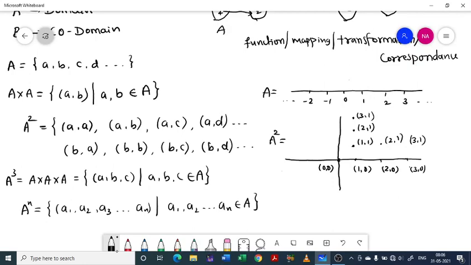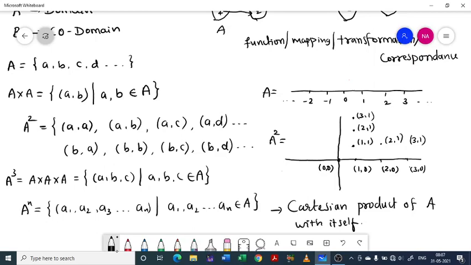More specifically, we call this the Cartesian product of A with itself. So this is about the product of sets.